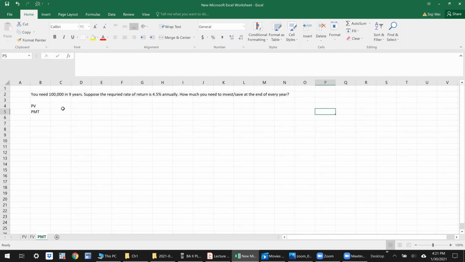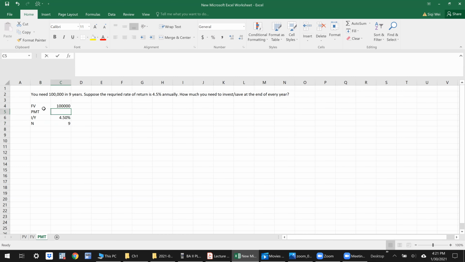So in this question, suppose you need $100,000 in 9 years. Your FV will be 100,000, and your required rate of return is 4.5%, same as the last problem, right? And the number of periods is going to be 9 years.